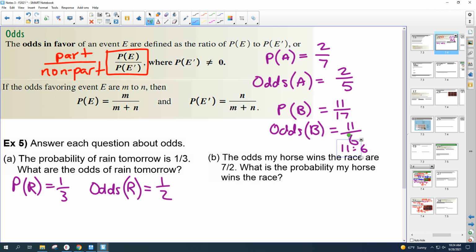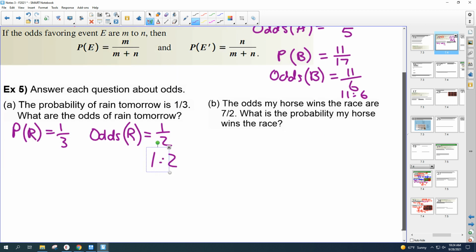Those two numbers have to add up to 3 because that's the total. Whatever you're looking at, rain, plus whatever is not rain, has to add up to 3. Or you could write it as 1 to 2 if you want. I kind of prefer that way, but they're both the same thing. When you write it as a fraction, it gets confusing, and we kind of think that that's the same as probability, but it's not.